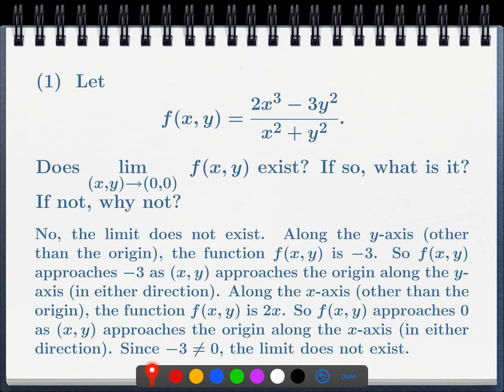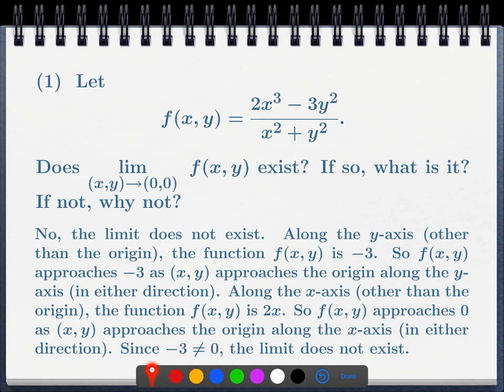But as xy approaches 0, the origin (0, 0), along the x-axis we're going to be getting 0, because 2x is getting small as we approach the origin, and 2x will go to 0. So we get 0 along the x-axis. Again, it doesn't depend on which direction we're going, whether from the right or left towards 0 on the x-axis. We're going to be getting 0 for that limit.